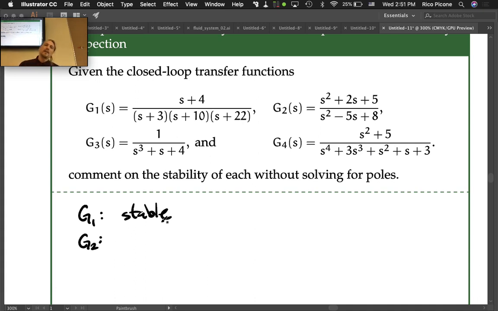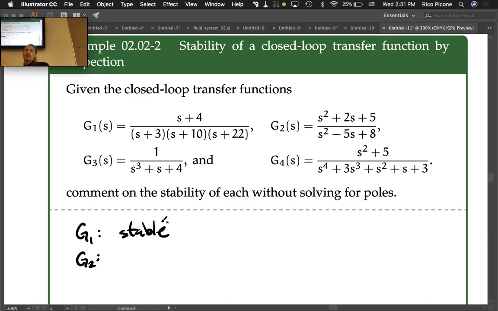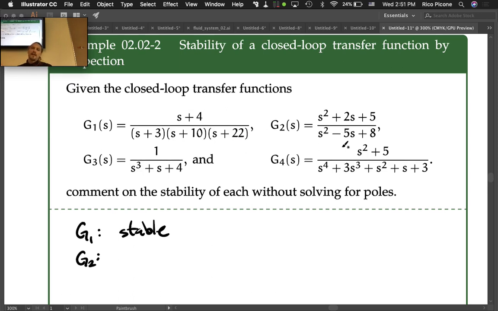G2, what can we say about the stability of G2? One of the conditions was that if one of the coefficients in the polynomial is negative, then it's not stable.